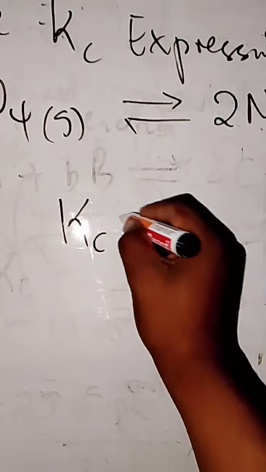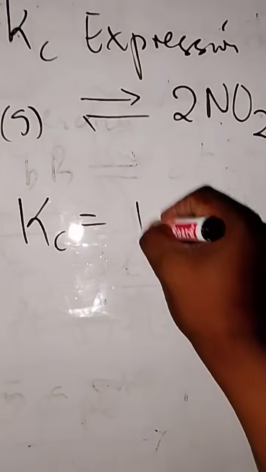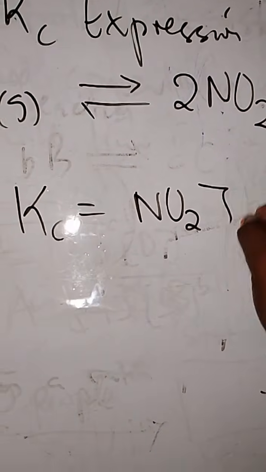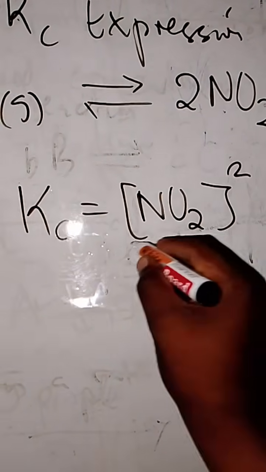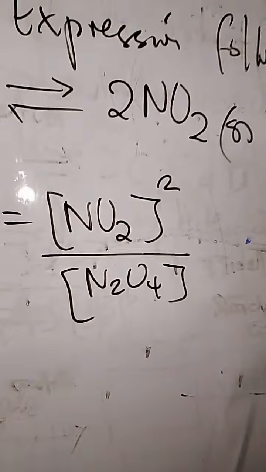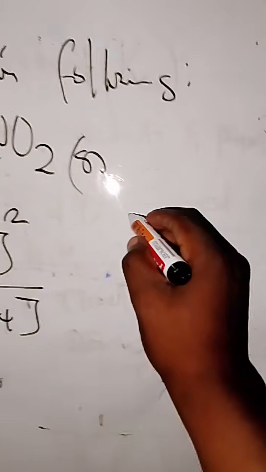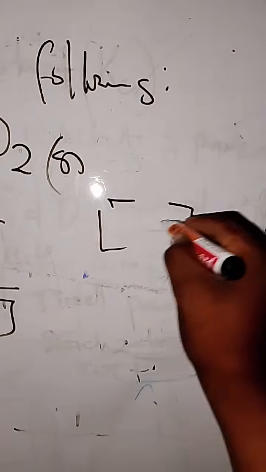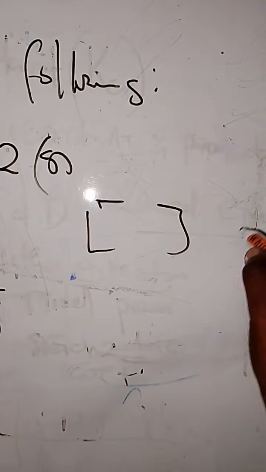So Kc is equal to [NO2] squared over [N2O4]. The square brackets used in this expression show that the concentration is in molar or moles per liter.